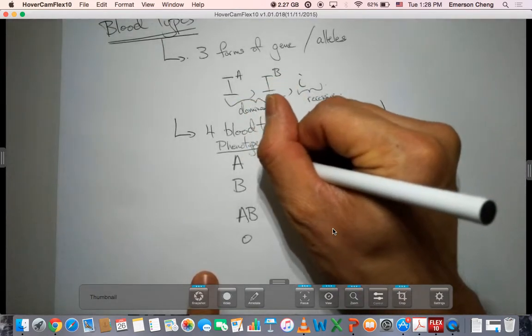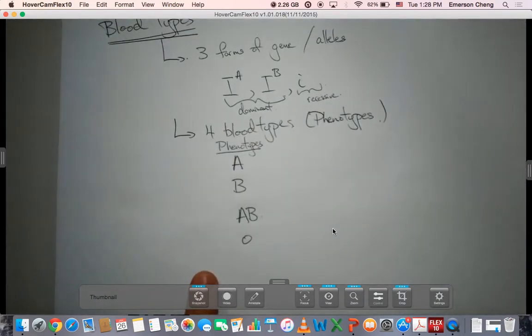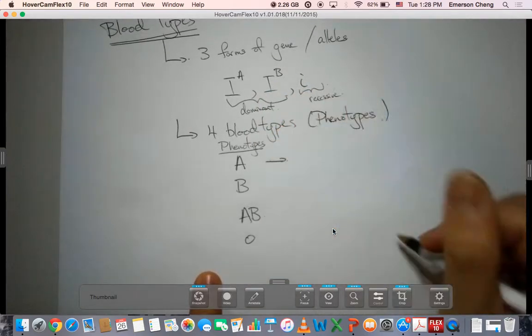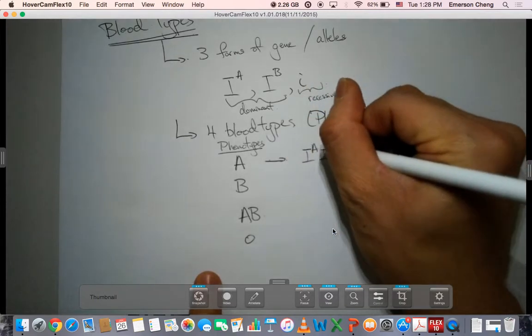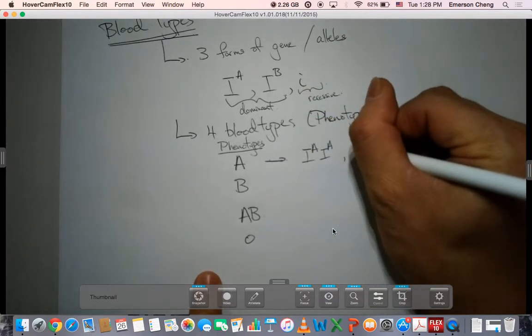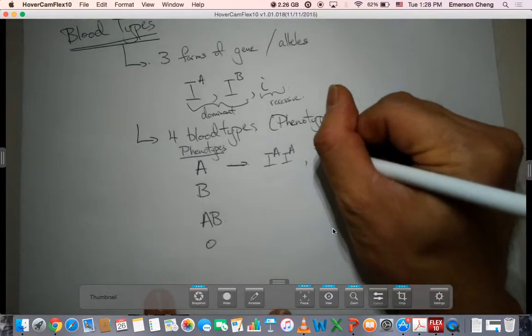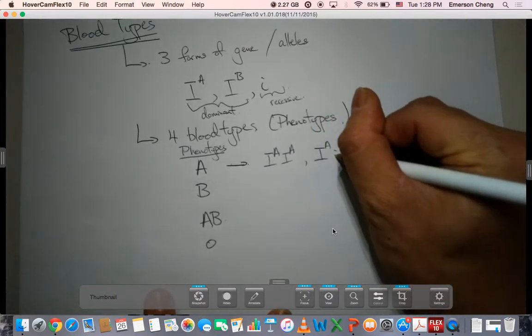Okay. So if you have a phenotype, who knows their blood type? You don't need to say it right now. Who has blood type A? Doesn't matter if you know. So if you have blood type A, chances are you will have two IAs, or you have one IA and a small i.